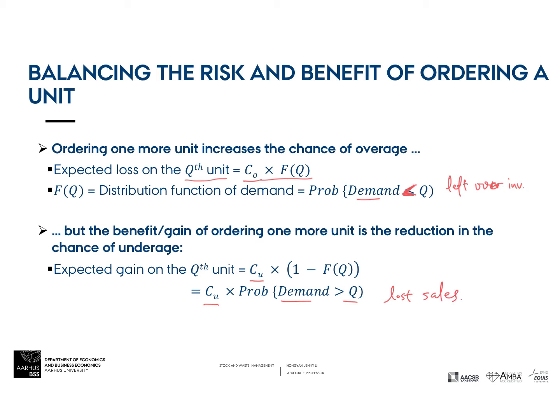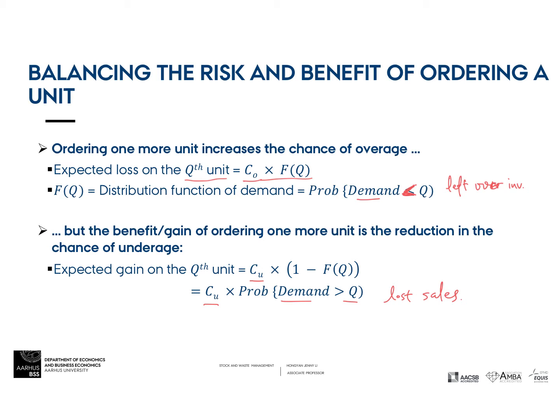Given the stochastic demand, we never know what the real demand is. So we have to consider the possibility of this overage or underage cost, the overage and underage probability, when you evaluate the profit.